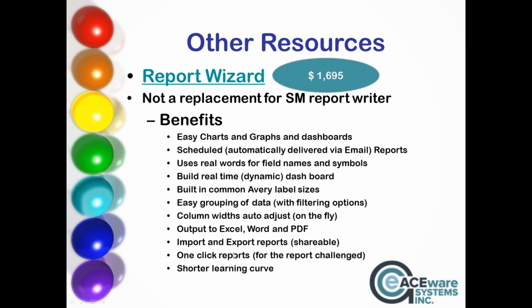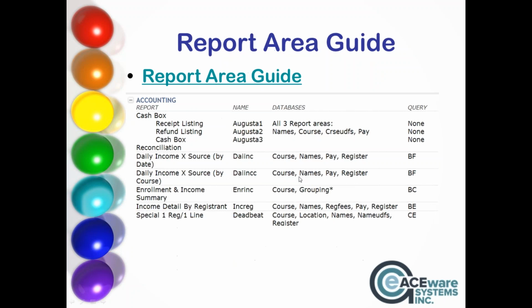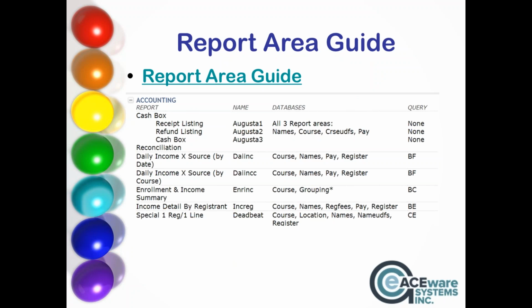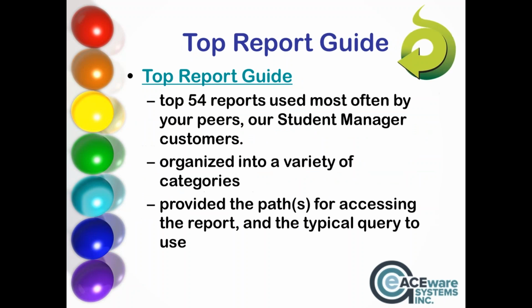It depends. If you've ever worked with Crystal Reports, it is very similar to Crystal Reports. And that's something you can add on to your Student Manager. One-time cost, by the way, that's $16.95. Remember the report area guide that tells you what data fields you've got in the system. Top report guide.